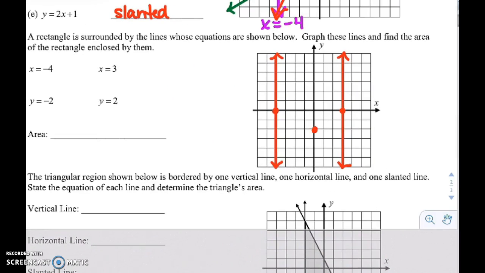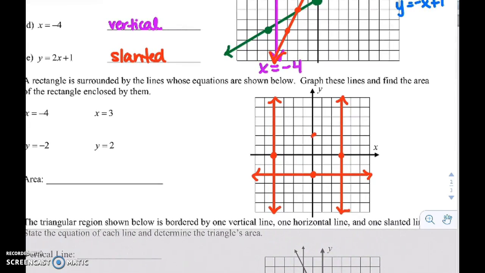Now we're going to intersect the y-axis with a horizontal line. And y equals positive 2 is going to be another horizontal line through y equals positive 2. All right, so it looks like we've got a little rectangle here.